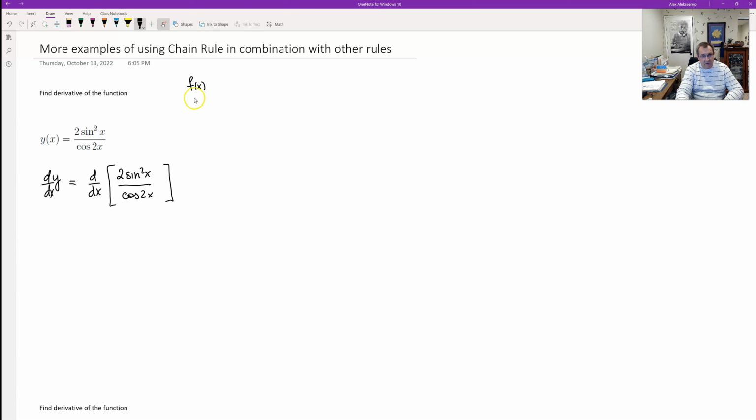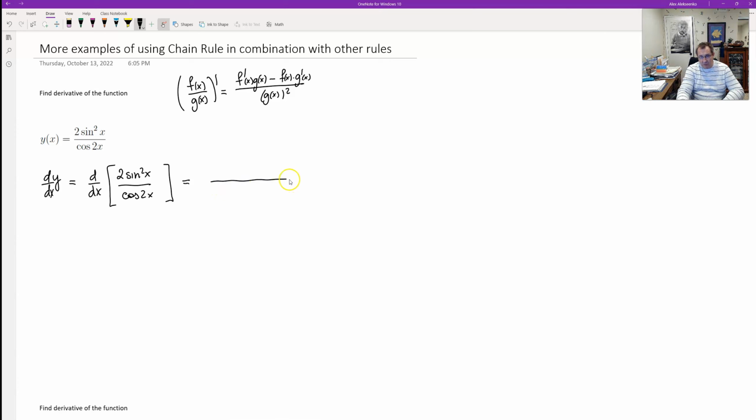Just in case we need to remember quotient rule, this is it. Derivative of a fraction is derivative of f multiplied by g minus f multiplied by the derivative of g, and divided by g squared. So the first thing to use here is the quotient rule.